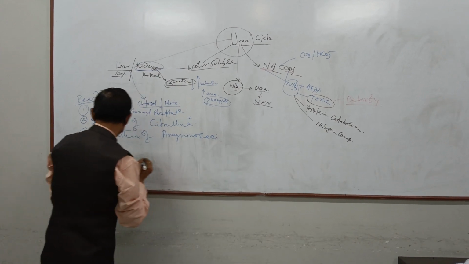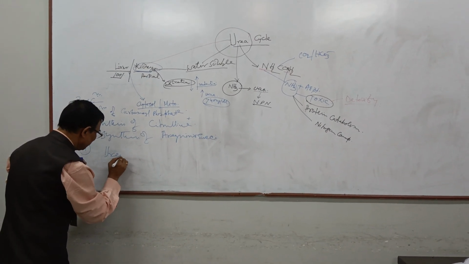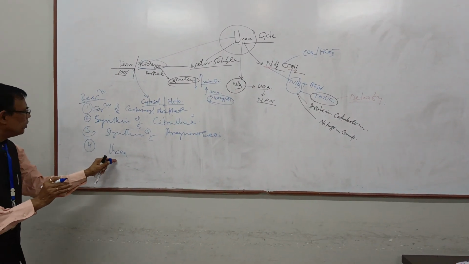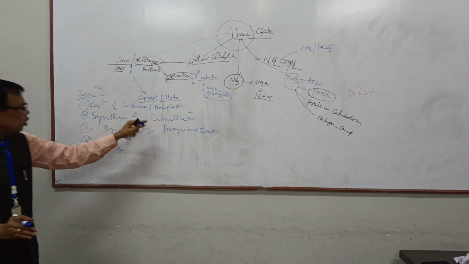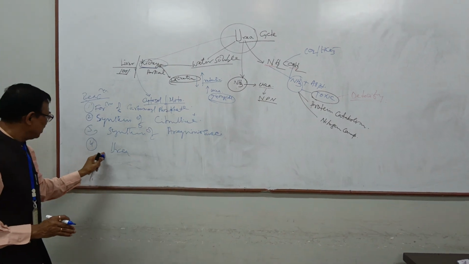And the fourth one is urea. There are 4 reaction steps for synthesis of urea. Number one, carbamoyl phosphate formation. Number two, citrulline formation. Number three, argininosuccinate formation. Then number four, urea.